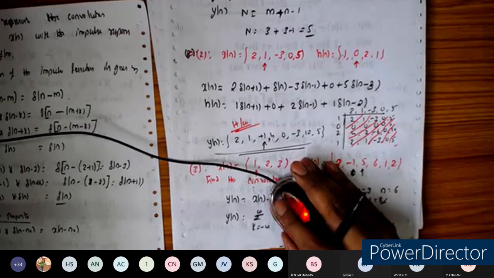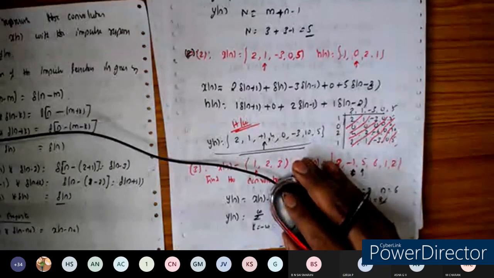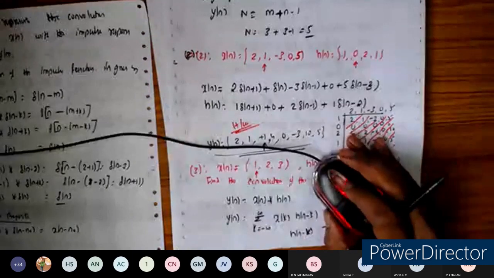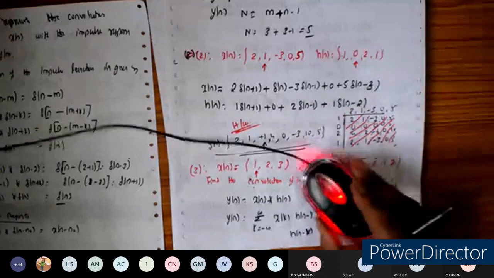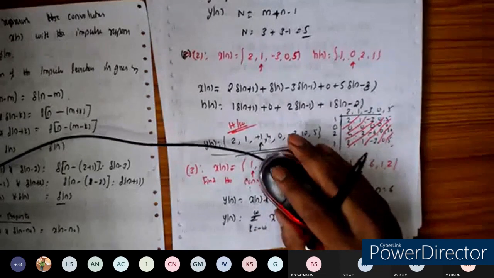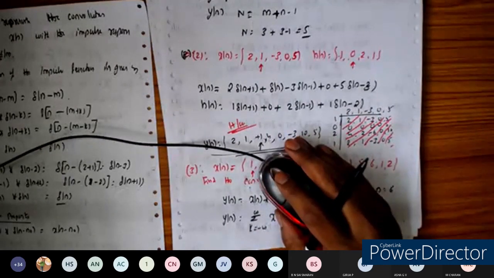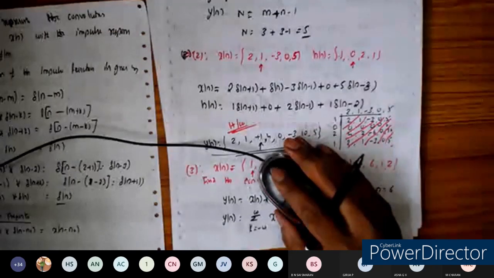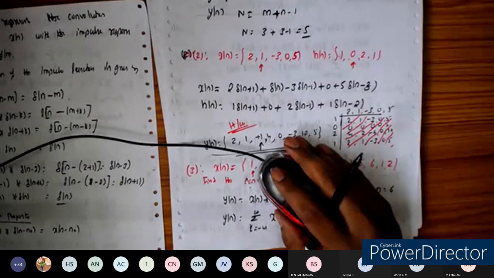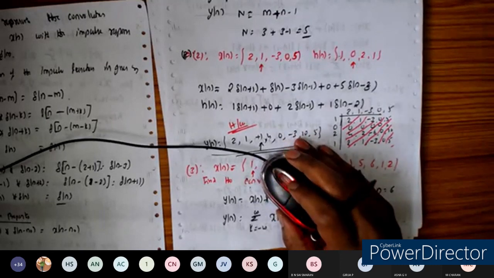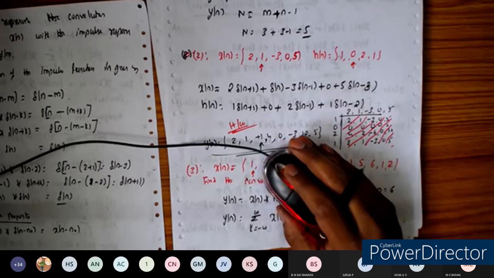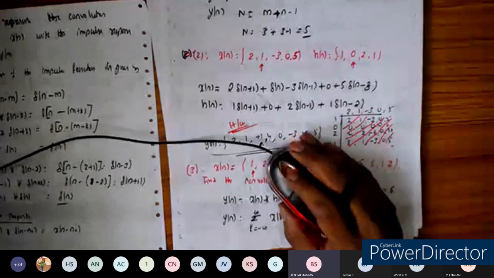Okay, so you can cross verify once again, and verify whether you got the same answer or a different answer. Somewhere you might have made mistakes, so you can correct that. Any doubts in this one? No, sir.